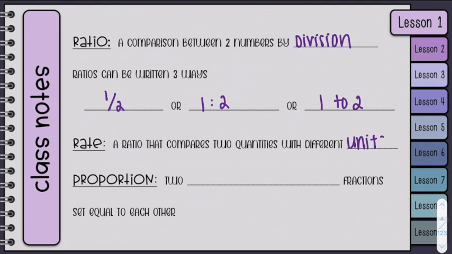So that's the key difference between a ratio and a rate, the different units. And then a proportion are 2 equivalent fractions that are set equal to each other. And we're going to be using proportions a lot between this unit and next unit.